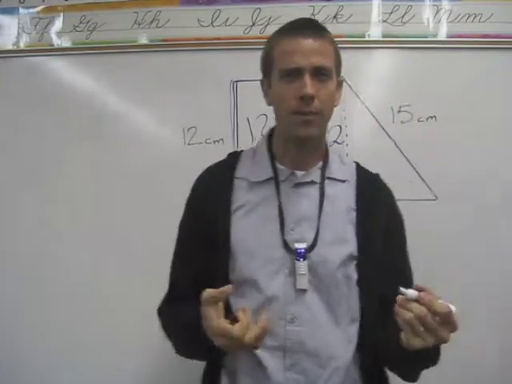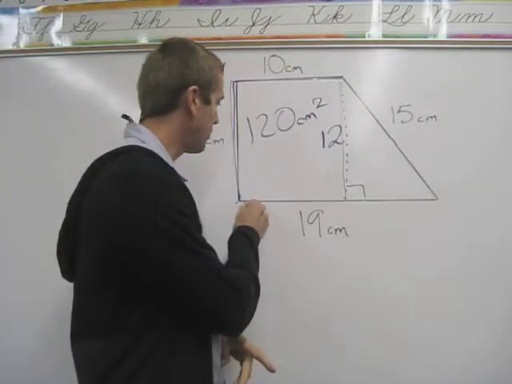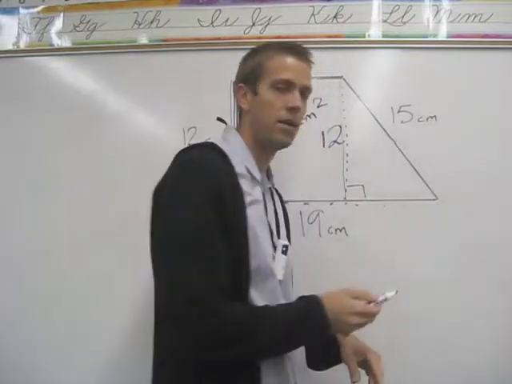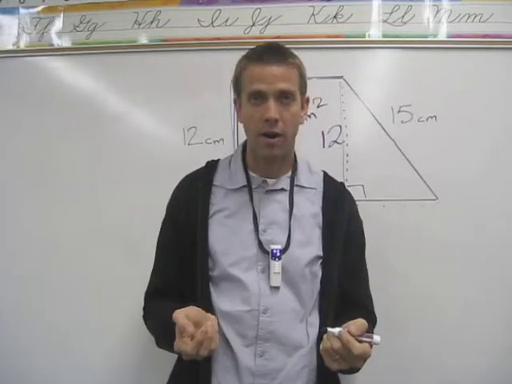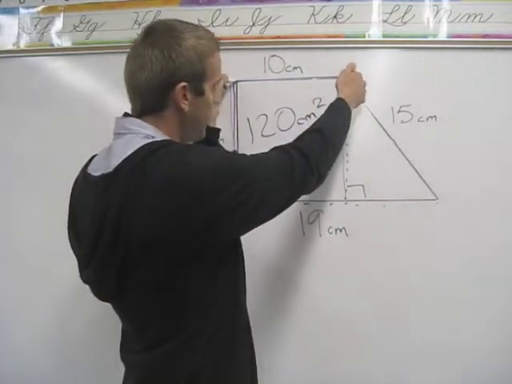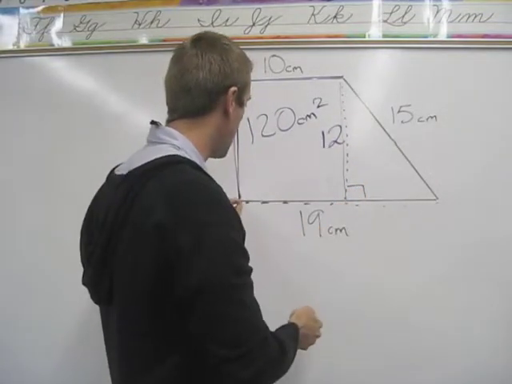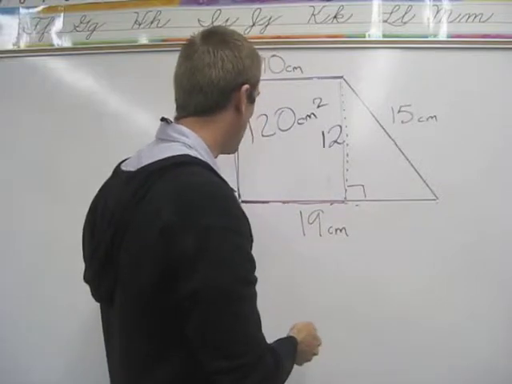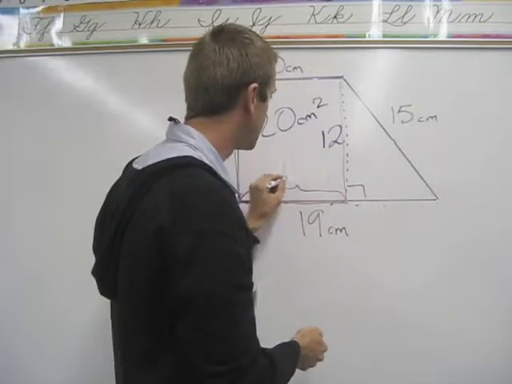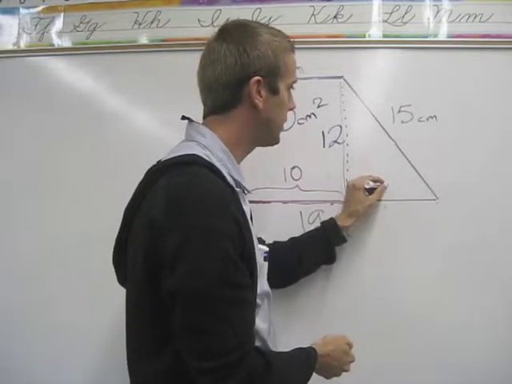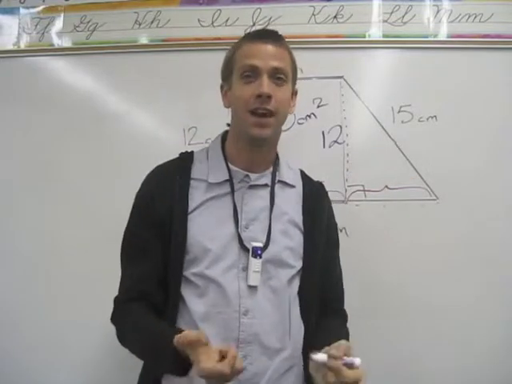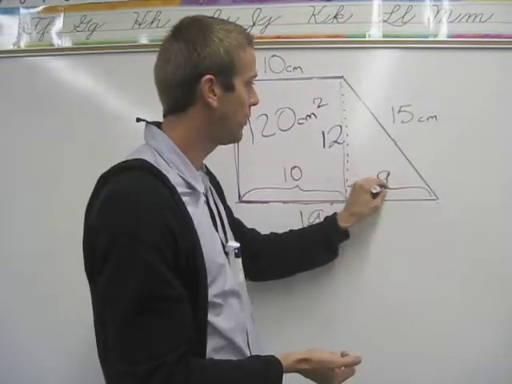And then the bottom, what about the bottom? Now the whole thing makes 19. But I've used part of it in the parallelogram, right? 10 carries down, and this is 10 as well. So if this portion is 10, what's the missing piece of my 19? 9, right? This would be 9.